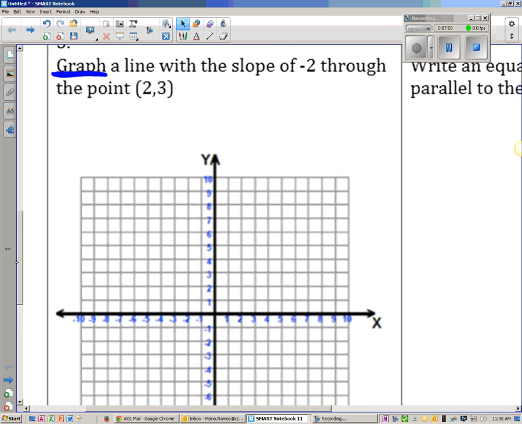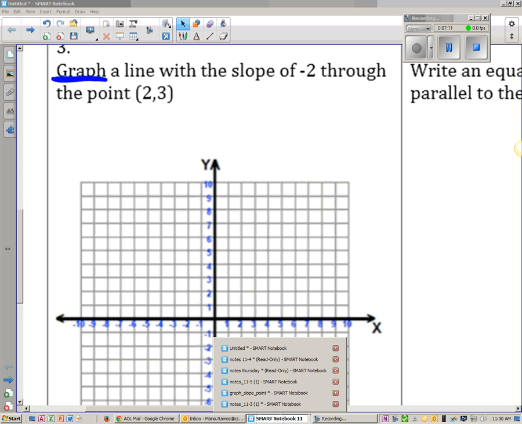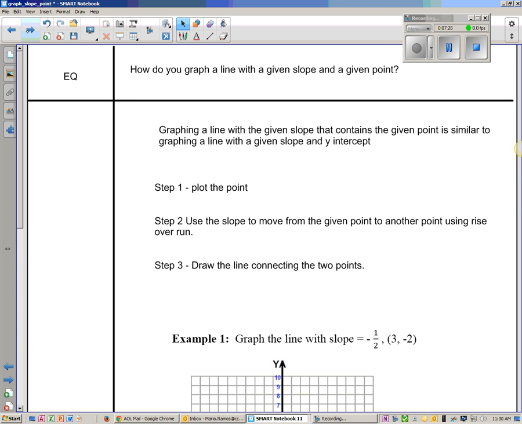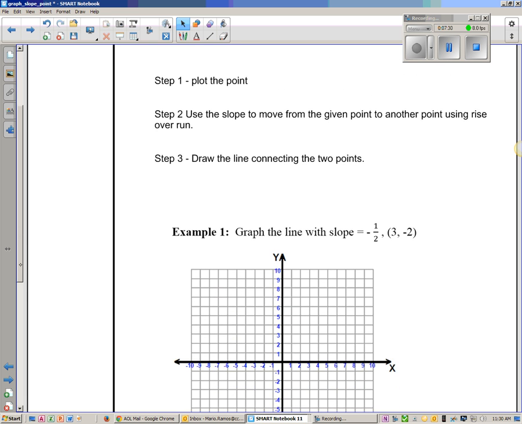With that being said, just to reference your notes, if you had looked at your graphing notes that we took earlier in the week, you had a warm-up that you had to graph, but your examples were right here.